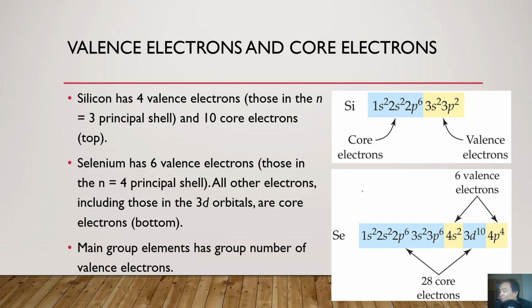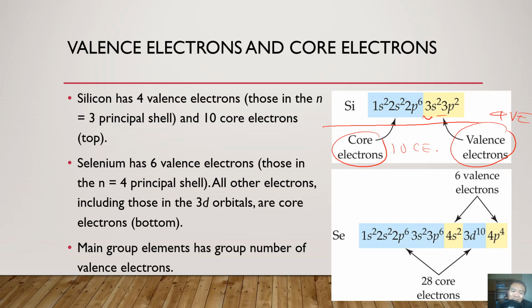When you look at silicon, what is the largest shell number? It would be 3. Everything in the outermost shell, you call valence electrons. Everything that is not a valence electron, we call a core electron. How many valence electrons do you have for silicon? It's 4. How many core electrons? That would be 10 core electrons.